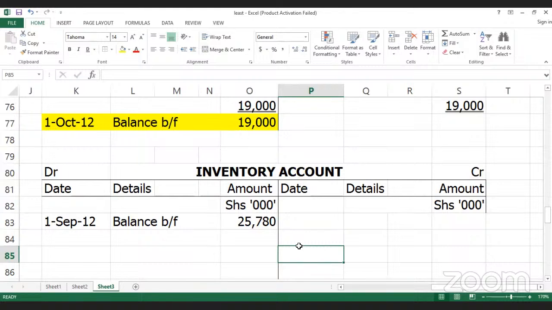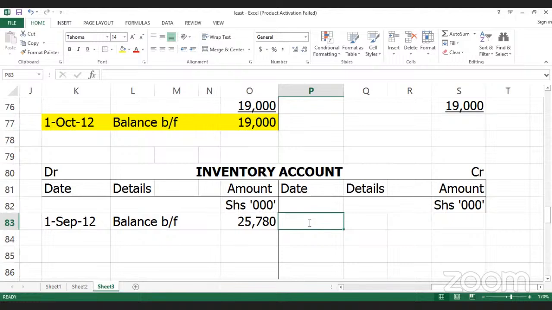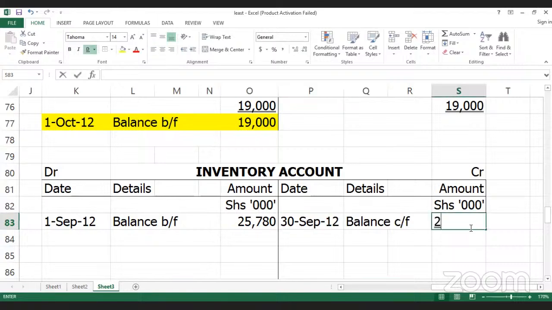So I'll insert the balancing figure on the smaller side. 30th September 2012, balance carried forward, that is 25,580.